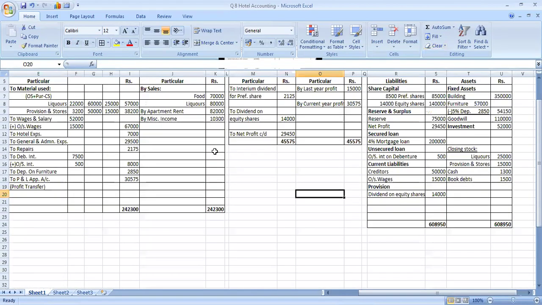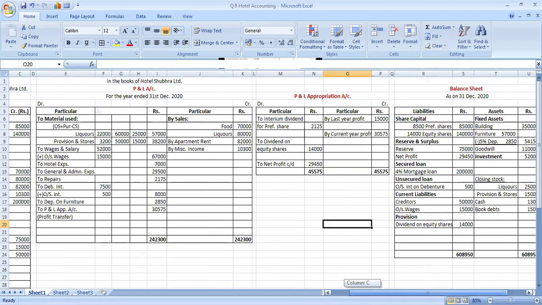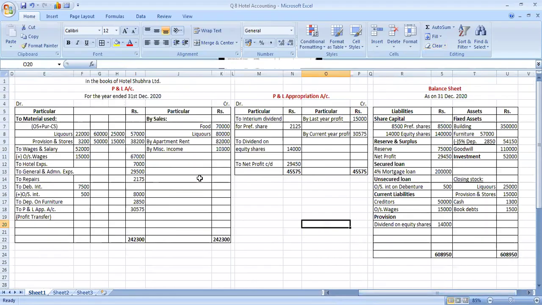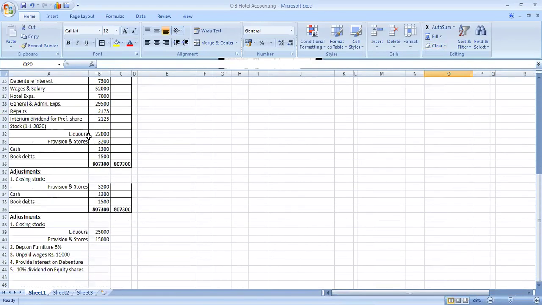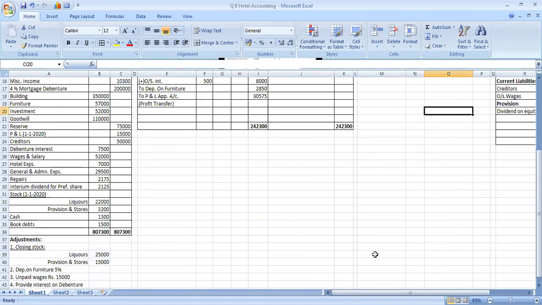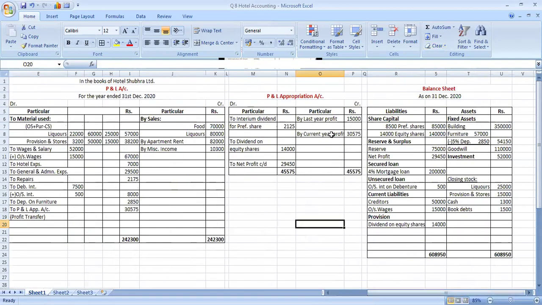This is the solution at a glance: profit and loss account, profit and loss appropriation account, and balance sheet. This one is the question. I hope everyone has understood this question with answer and is satisfied. Thank you.